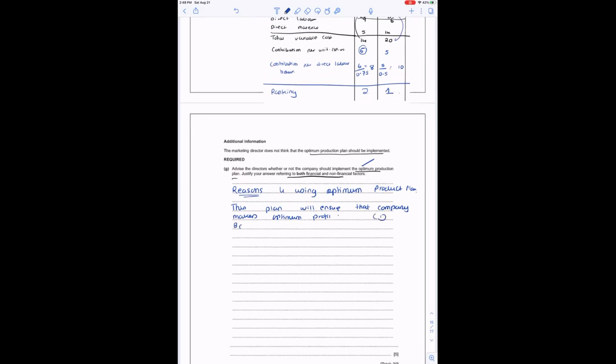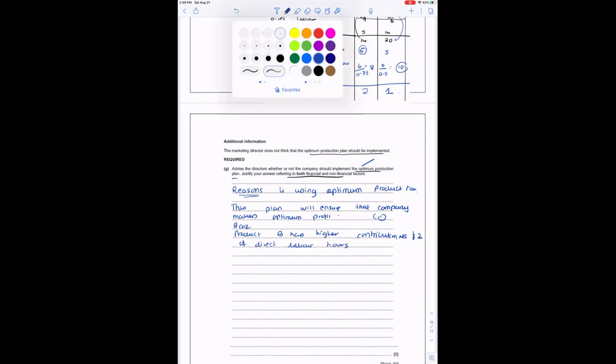So this will give you 1 mark. Because product B has higher contribution per $2 of direct labor hours. 2 points, 2 marks, 2 points for agreeing.